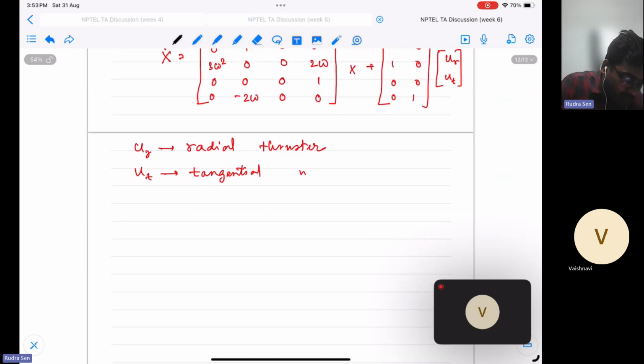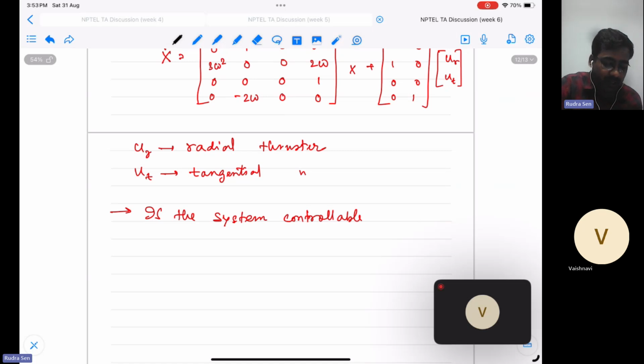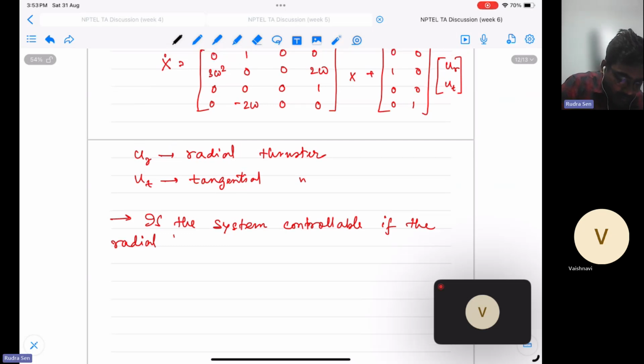Now the question you are asked is: is the system controllable, or full state controllable, if the radial thruster fails?